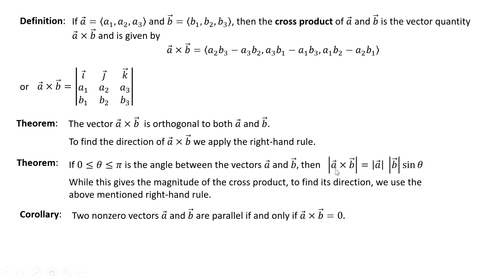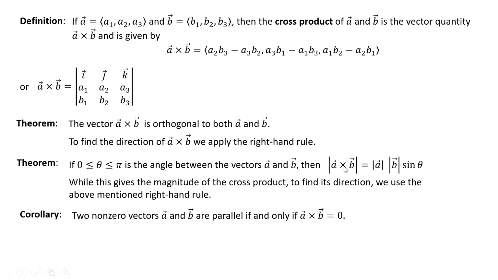Okay, so where are we? I demonstrated that if vectors A and B are parallel, then theta is 0 or 180, and so the magnitude of A cross B would be 0. So clearly, if this is true, that is true. At the same time, if A cross B is equal to 0, that means this is a 0 vector, then the magnitude is 0.